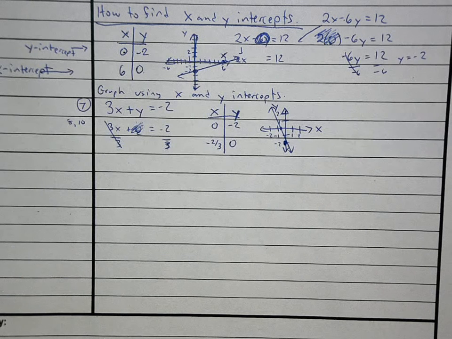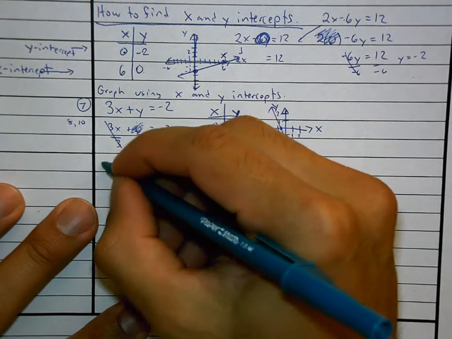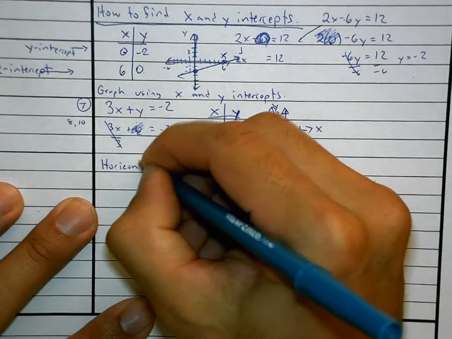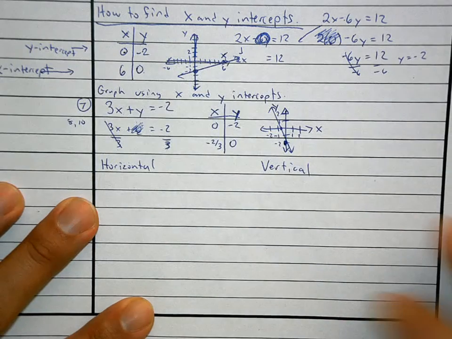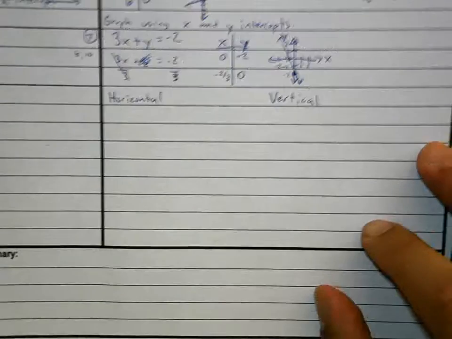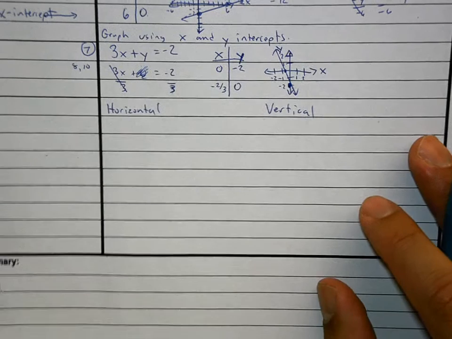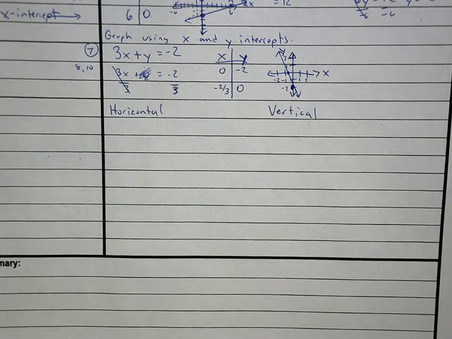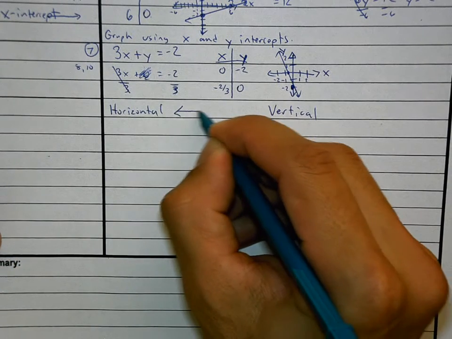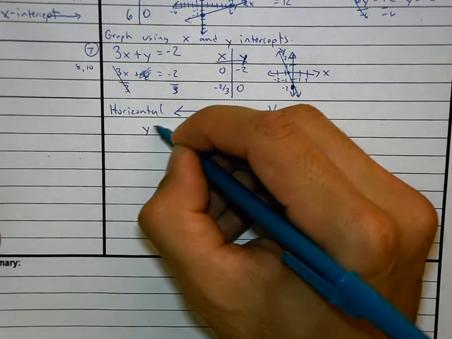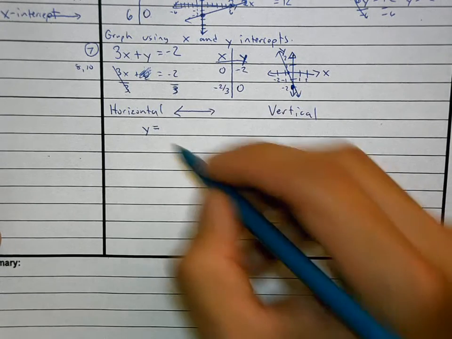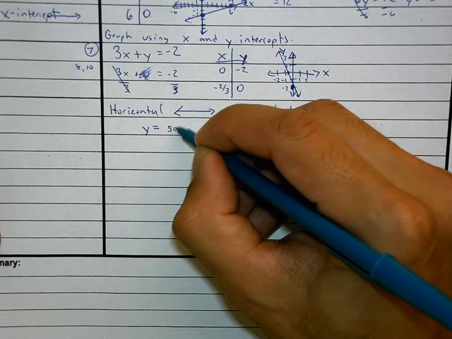Let's do horizontal and vertical. So let me slide that up a little bit. If I have a horizontal line, it looks like this. Horizontal lines are always y equals some number.